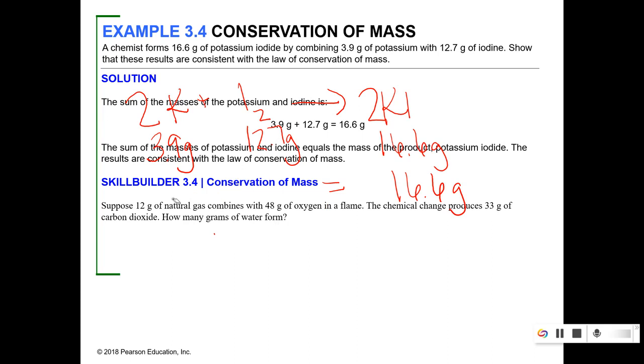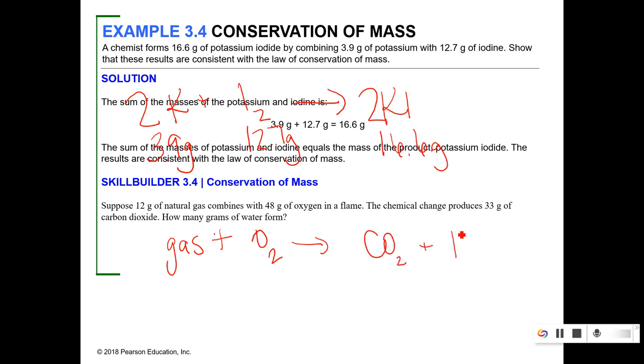This next one: we've got 12 grams of natural gas that combines with oxygen. So I'm going to write gas plus oxygen yields carbon dioxide and water. It says the chemical change produces carbon dioxide, and it wants to know how many grams of water. So I've got 12 grams, 48 grams.